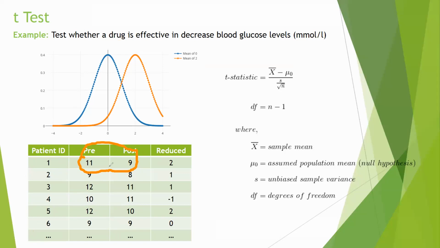For each patient we look at the difference between the post and the pre treatment. The last column represents that difference for each patient. If the null hypothesis is true, so what is the null hypothesis here? Can anyone tell me?